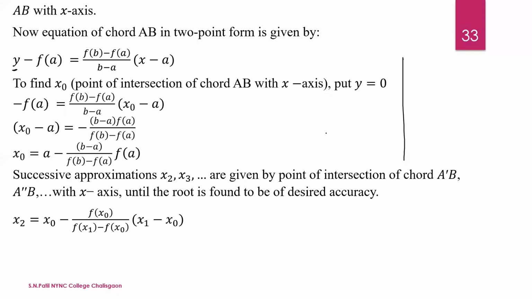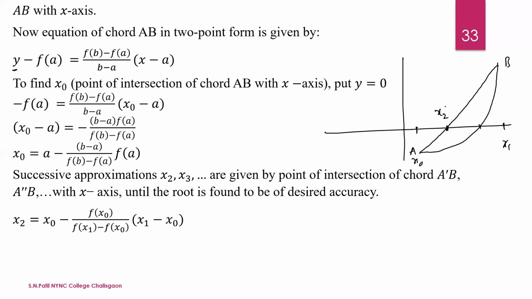See, suppose this is the curve, okay, and this is the x naught point, and this is the x1 point. So instead of a and b, the root lies between x naught and x1, and this is the chord AB. Okay, so this is the first position, say x2, that is the false position of the root.